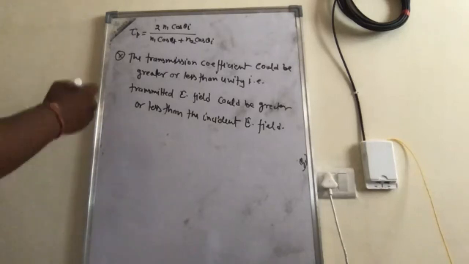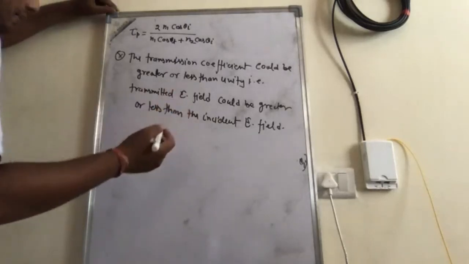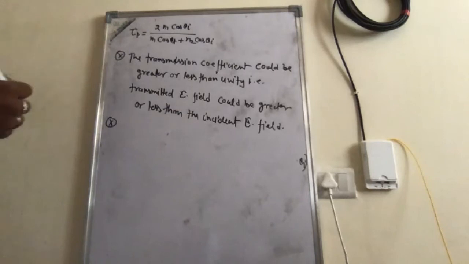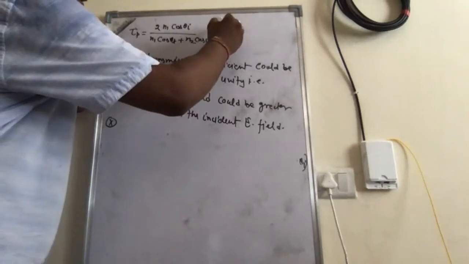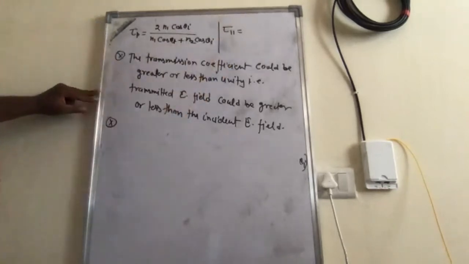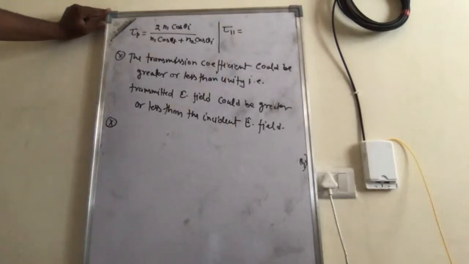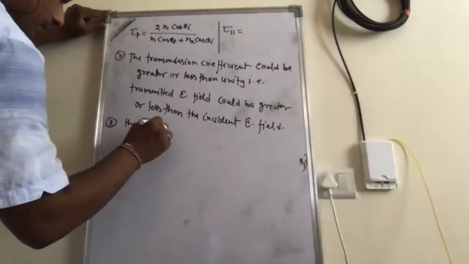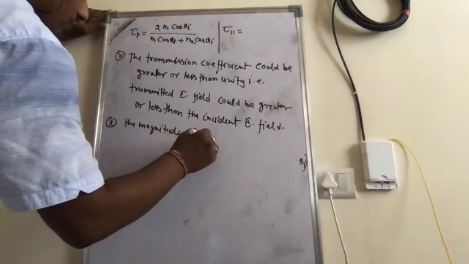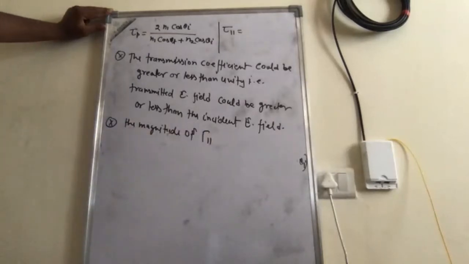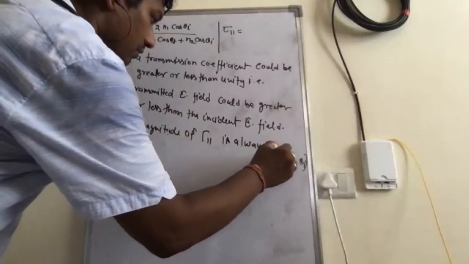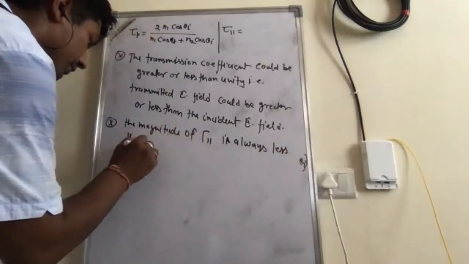And we can also make the conclusion for the reflected light for the parallel polarized light. If you remember the expression for this gamma parallel, we can see that the magnitude of the reflection coefficient gamma parallel is always less than unity.